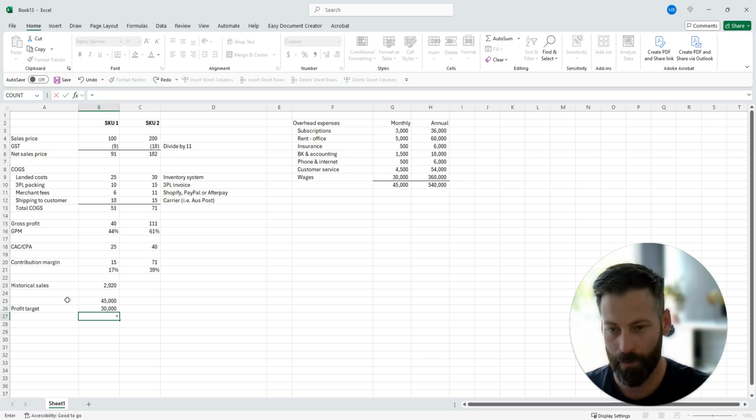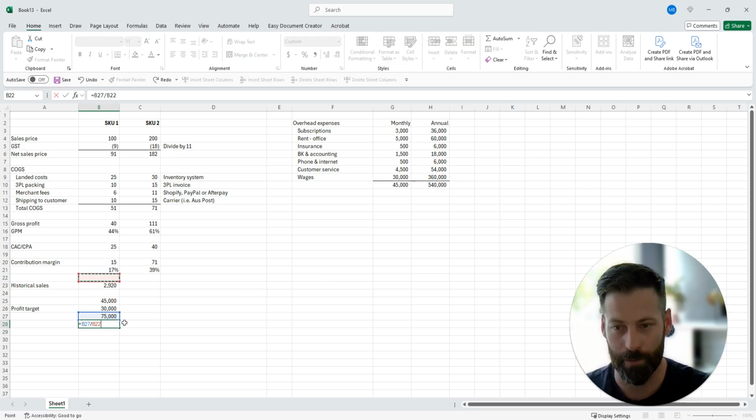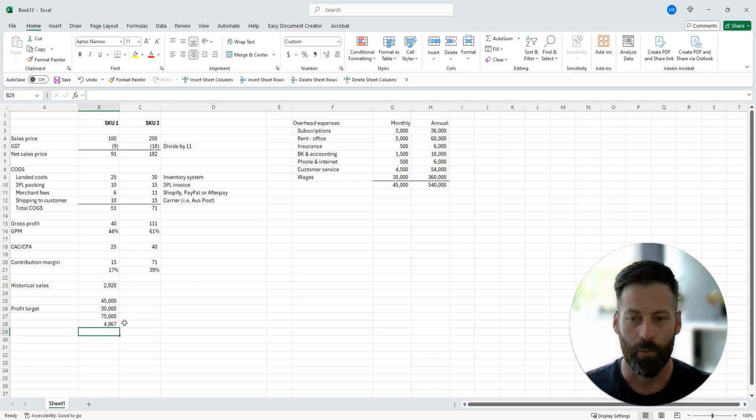We have to sell $75,000 worth of stock, or in this case, because we've got a contribution margin of $15, we need to sell 4,867 units.